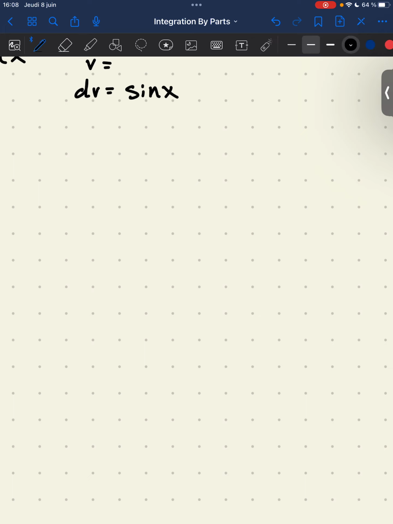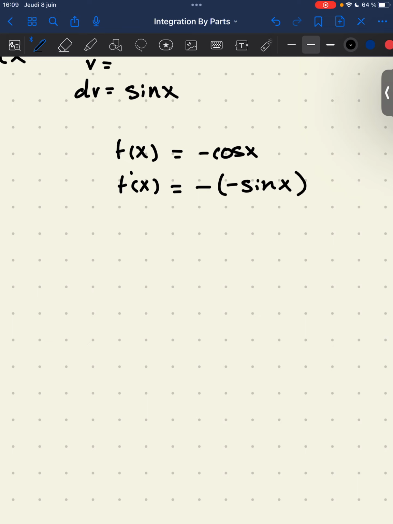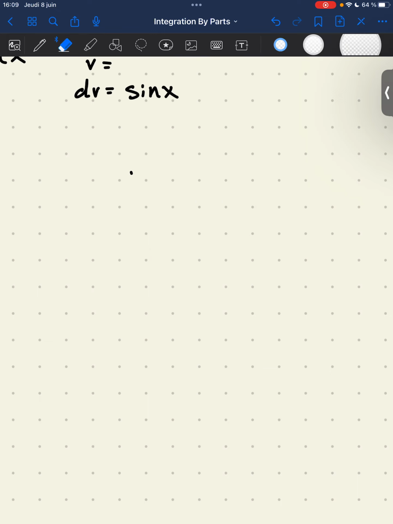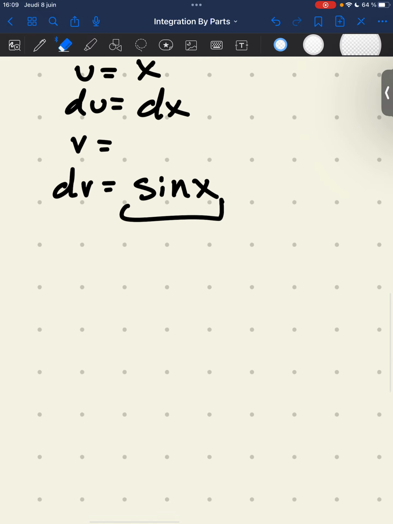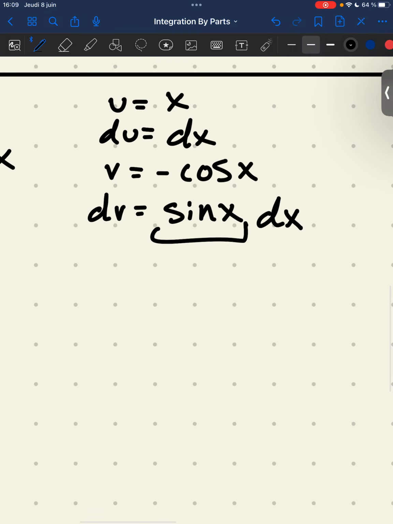If f of x is negative cosine x, then f prime of x is equal to negative sine x with a negative and a negative making a positive. That's why this is a negative cosine x. And you cannot forget your dx here, because that would be incorrect.